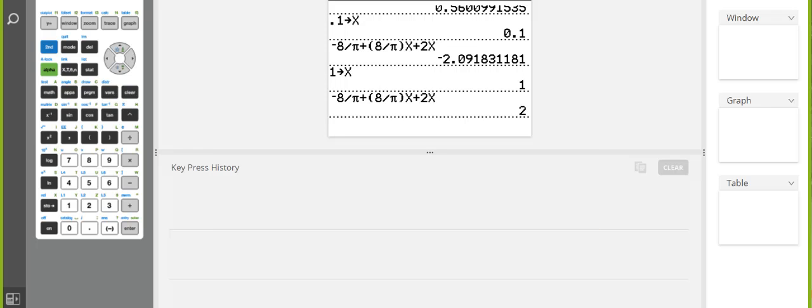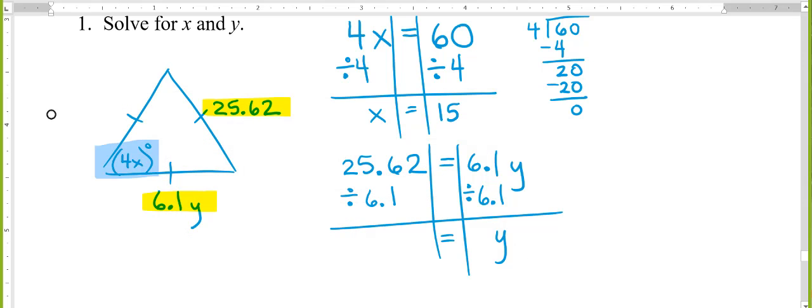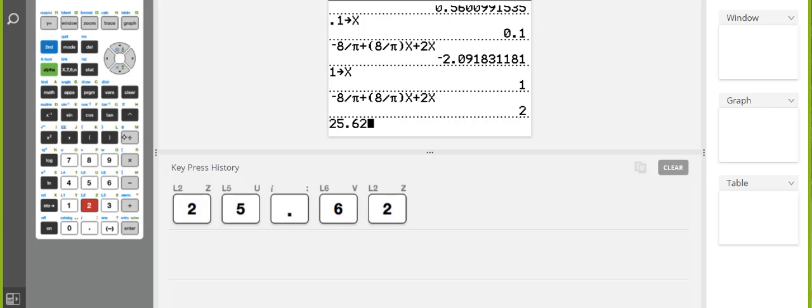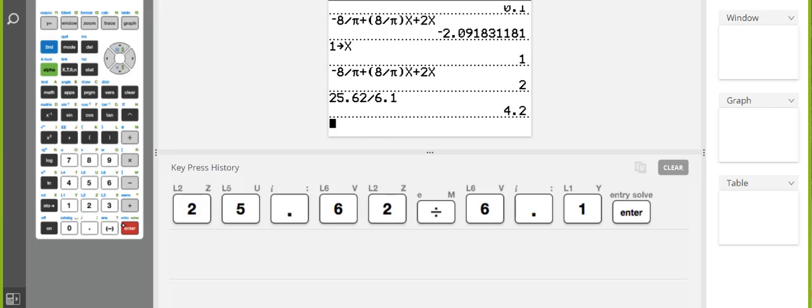Okay, what was the equation that I wanted? 25.62 divided by 6.1. My answer is 4.2.